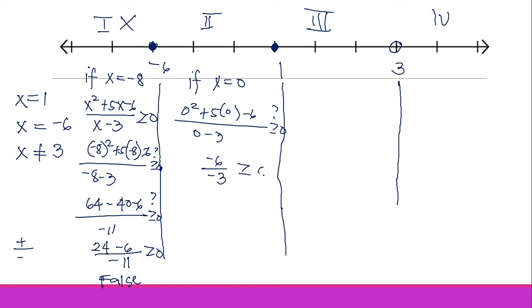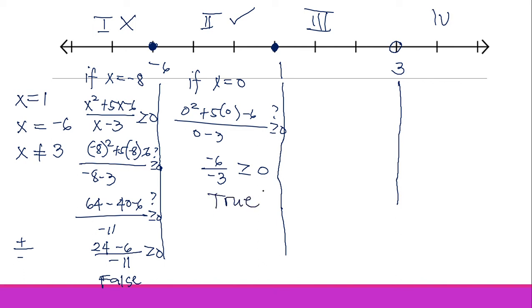Will that be greater than or equal to 0? Looking at it, we have the same signs, so the final answer becomes positive. And positive numbers are always greater than 0. So this is true, and this is part of our solution.